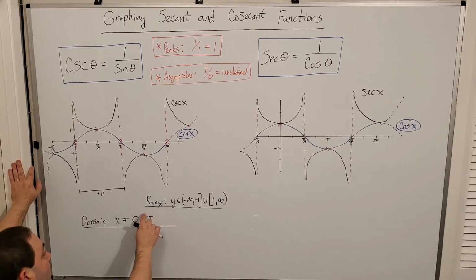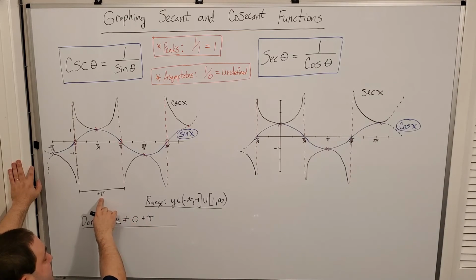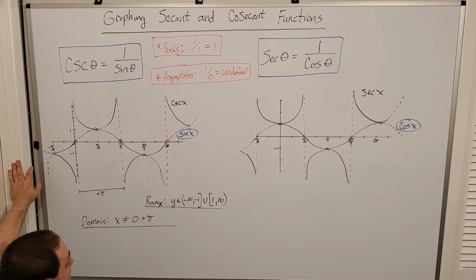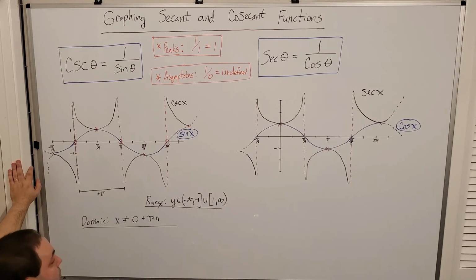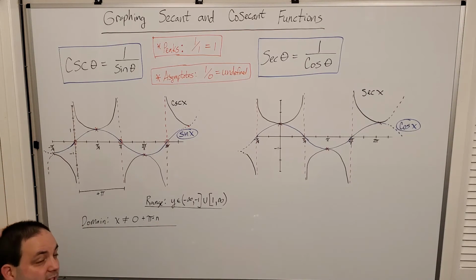However, pi is a distance. Don't think of it as a number. What I'm going to do is multiply that times a variable, and I'll just use n all the time. Now this is still going to be true as long as n is just some sort of counting device.